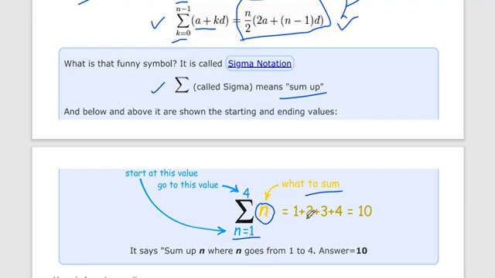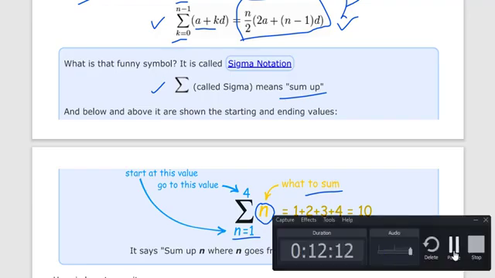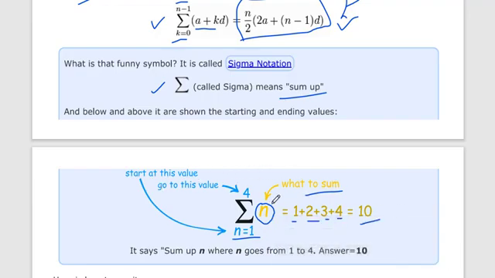If we put 1, then second term is 2, third term 3, fourth term 4, so we get the summation equal to 10. So here they have given n, and our answer is 10. Summation of n from 1 to 4.